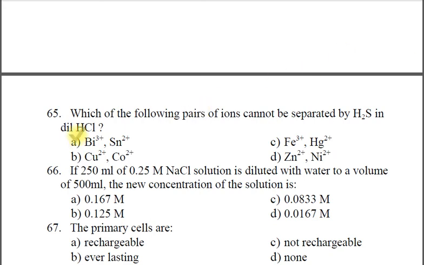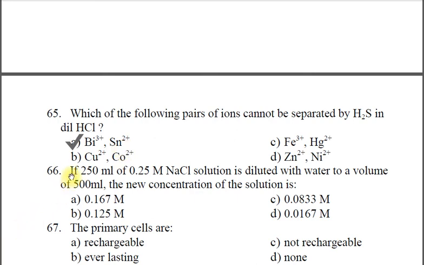And the correct one is option A, which is Bi3+ and Sn2+. When H2S is used in dilute HCl, both bismuth and tin ions are precipitated as their sulfides. Bismuth sulfide forms a black color and stannous sulfide forms a yellow color, and they cannot be separated.